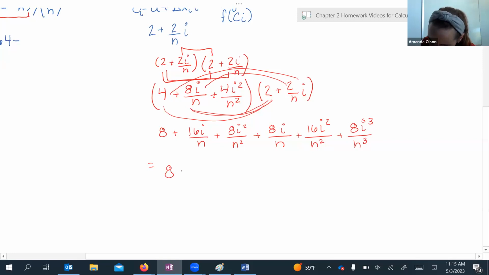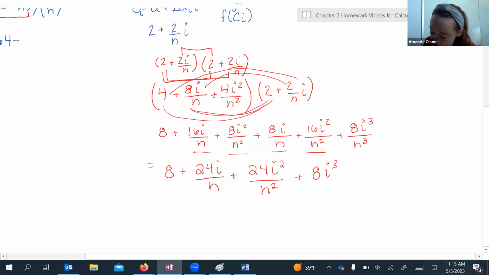This is going to be 8. This 16i over n plus 8i over n is going to give me 24i over n. And then 8i squared over n squared adds to 16i squared over n squared. That's also going to give us a 24i squared over n squared, and then we have plus 8i to the third over n to the third.